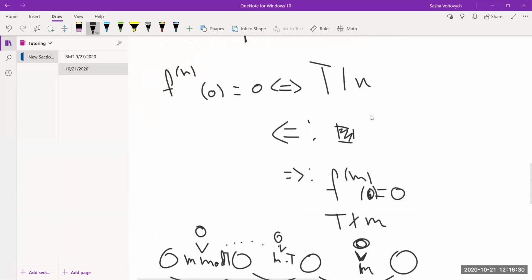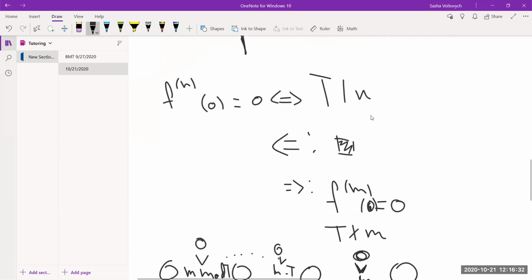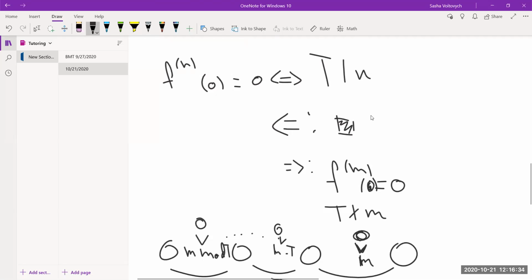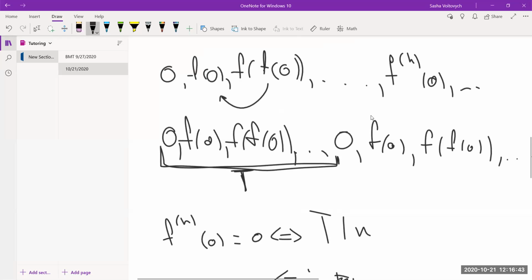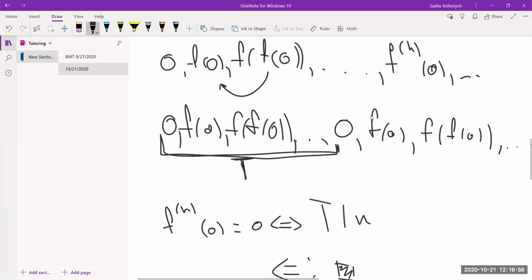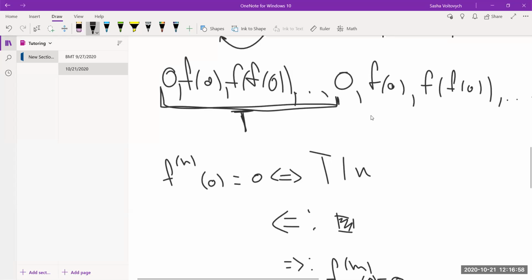So this is not something that can be only applied to this problem. This can be applied to any problem that talks about sequences where the next term is completely determined by the previous term. Then all these facts about period terms, all of this will be true.